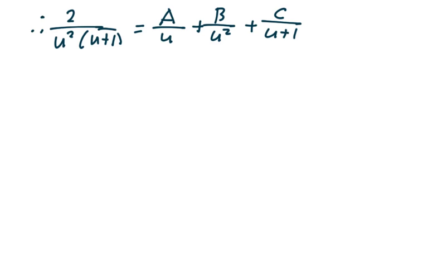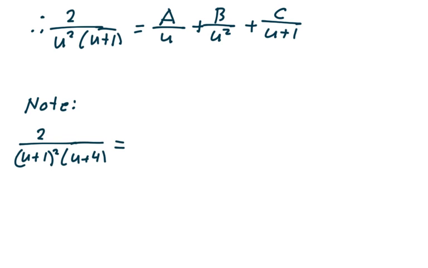So in other words, I could make the same or a similar argument if I had, I'm going to put a note here, 2 over, let's say, u plus 1 to the second times u plus 4. I would have done it this way. So instead of a u in the denominator, I have a u plus 1.